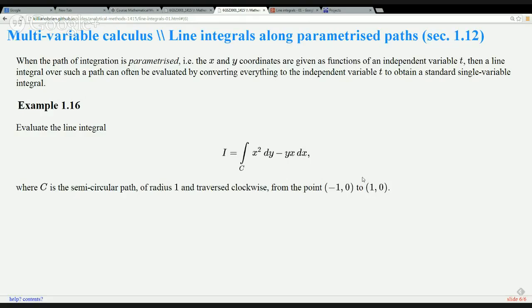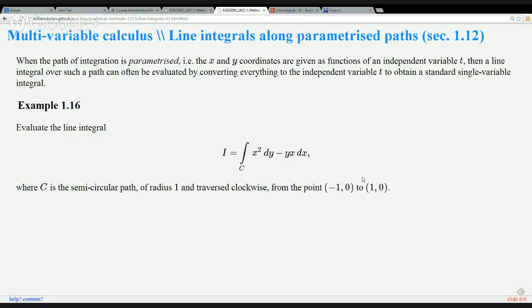I don't particularly want to do that, but there's maybe a more natural way to describe a circle, a bit better, and let's use the idea of polar coordinates in a way. So we parameterize C by a parameter t, so we can have x as cosine of t, y as sine of t.